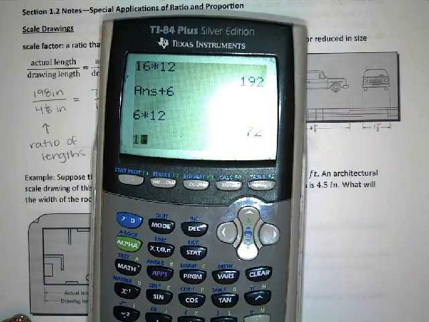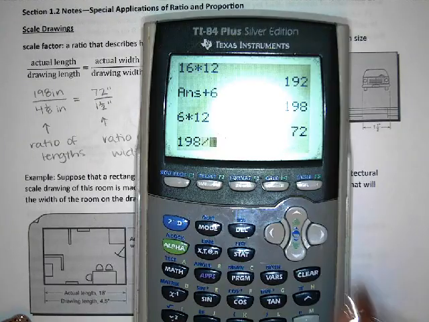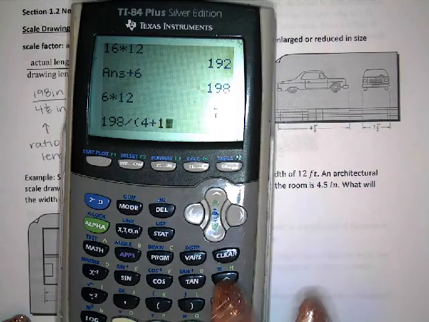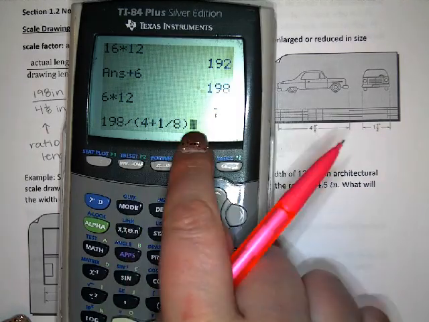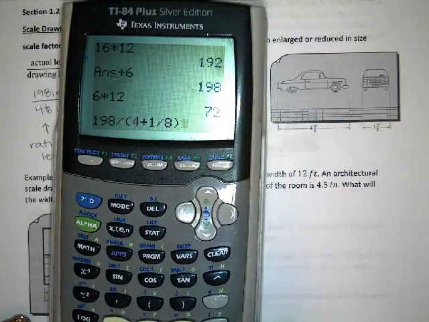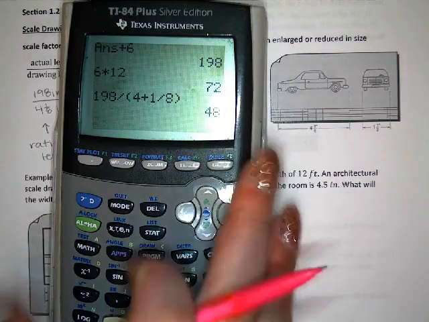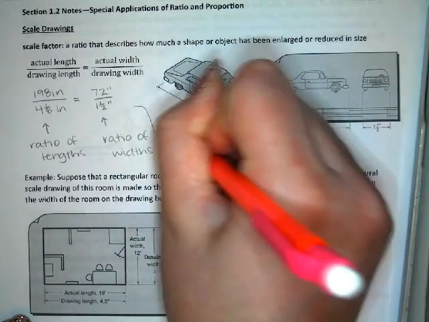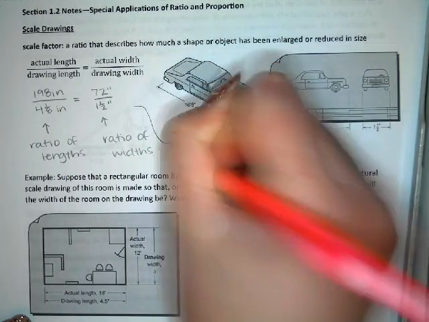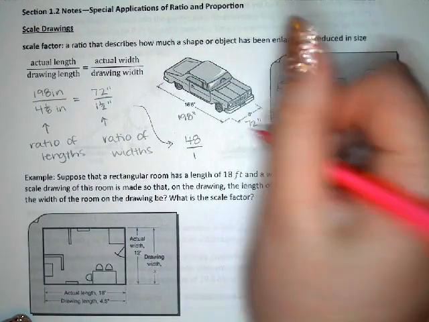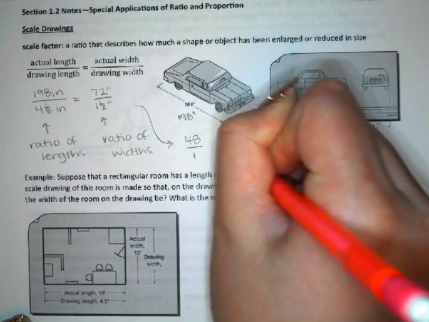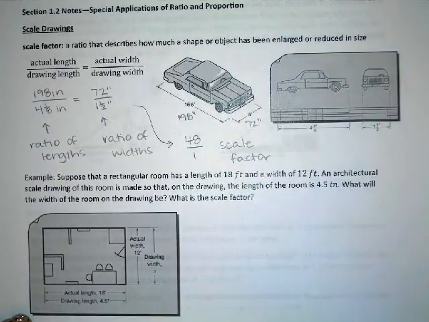So I can do 198 divided by (4 plus 1/8). Notice I'm putting that in parentheses. This is one way to type it in. And I get 48 as my ratio. So 48, or 48 over 1, would be my scale factor, or my common ratio.